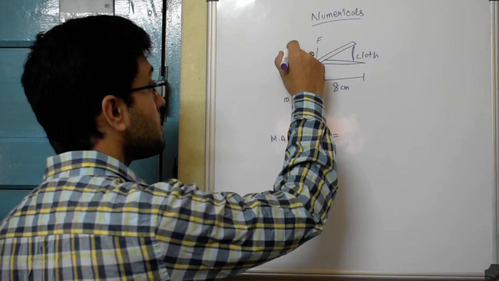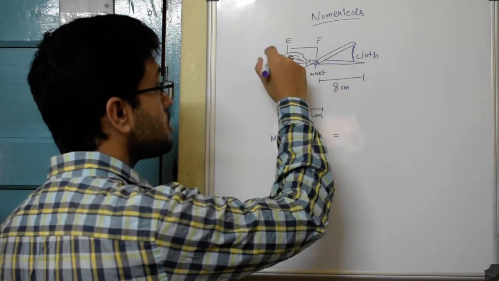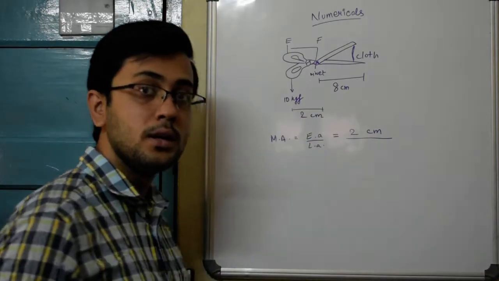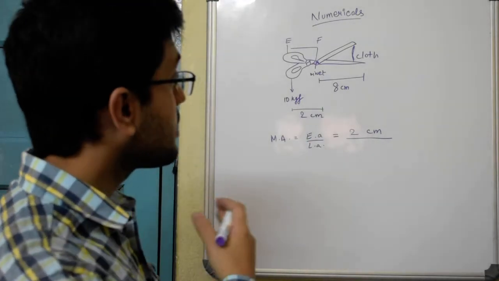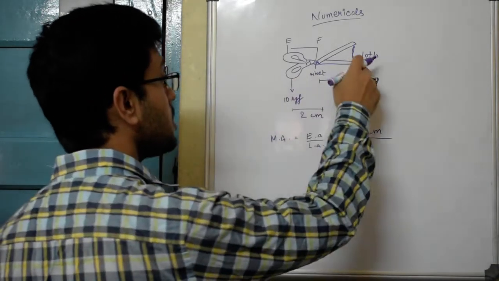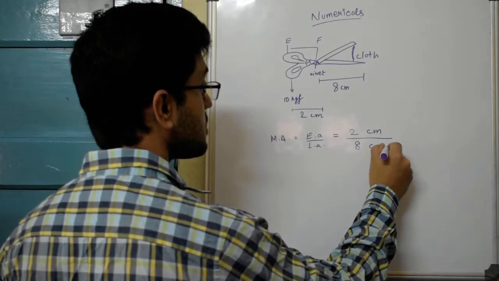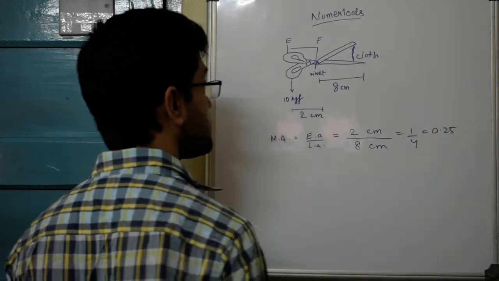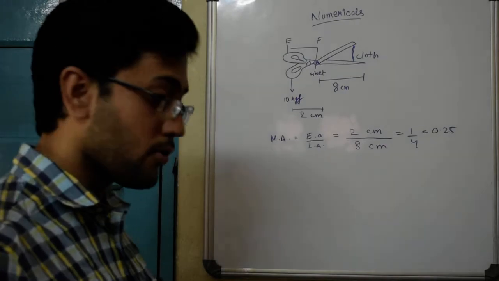That distance is 2 centimeter. The load arm is the distance between fulcrum and load, which is 8 centimeters. So this becomes 1 by 4, which is 0.25. So my mechanical advantage is 0.25.